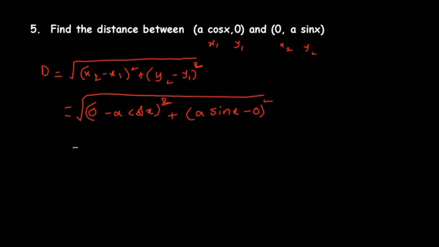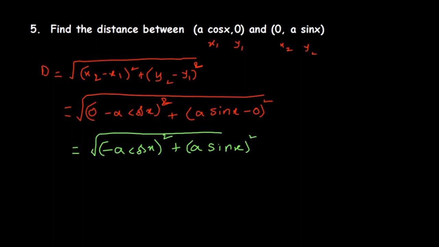So 0 minus a cos x means we have minus a cos x whole square plus a sin x whole square. So minus a cos x whole square is a square cos square x plus a square sin square x.